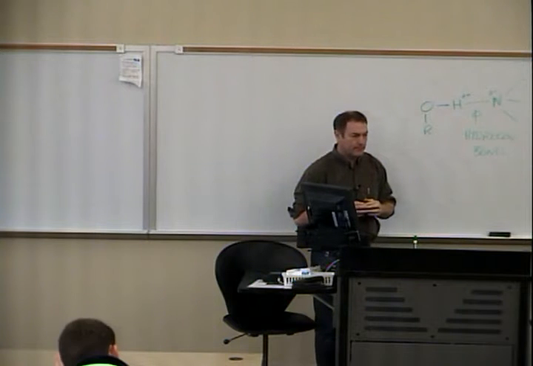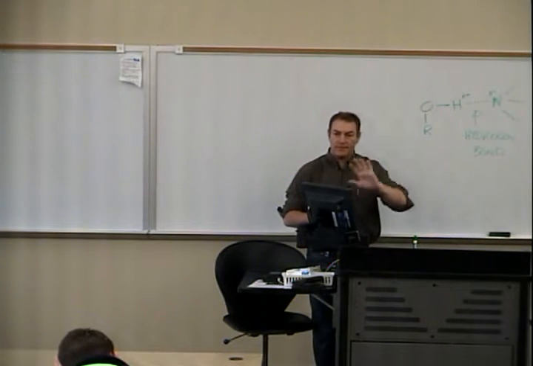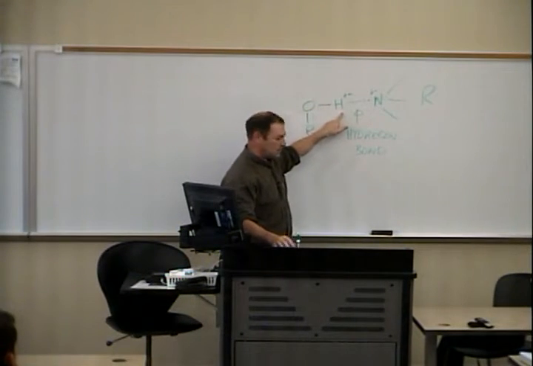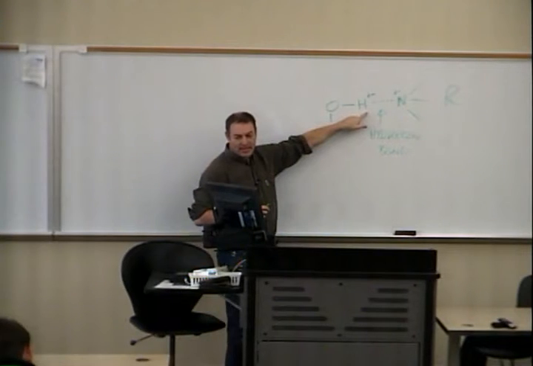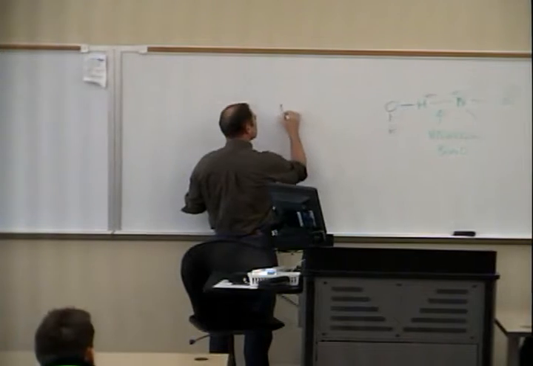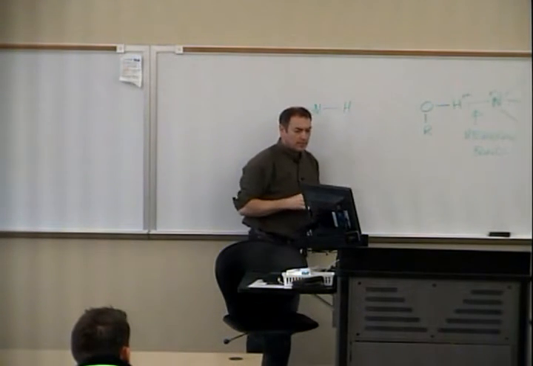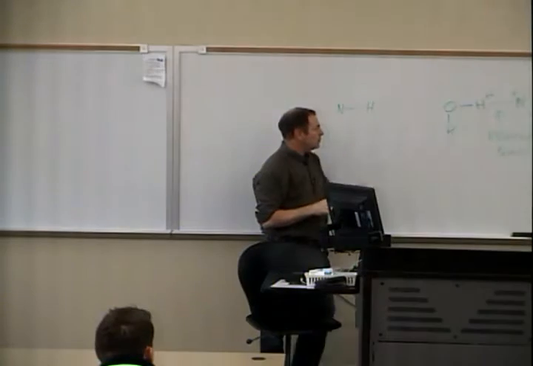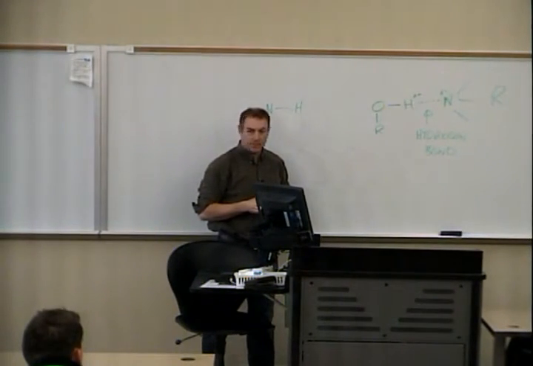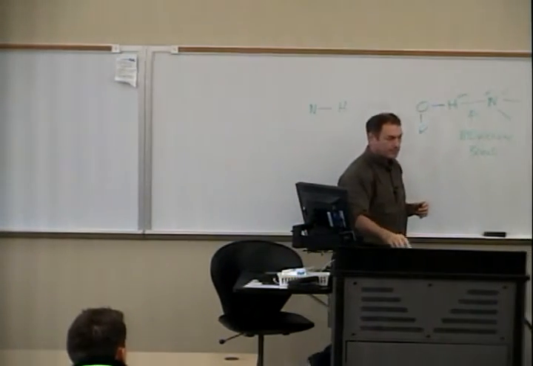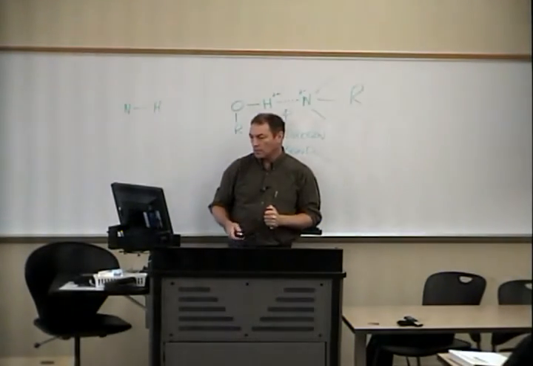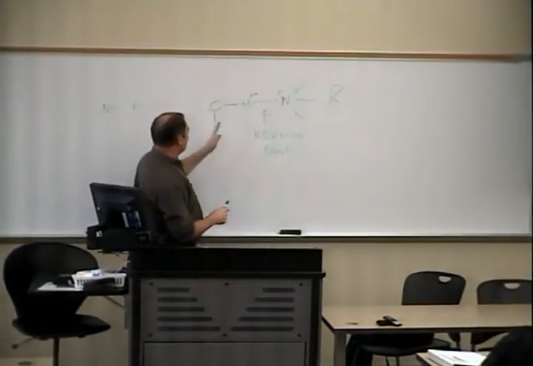So let's sort of phrase it in a slightly different way. When hydrogen is covalently bonded to oxygen or nitrogen, both oxygen and nitrogen are highly electronegative, right? That results in polarity across that bond.